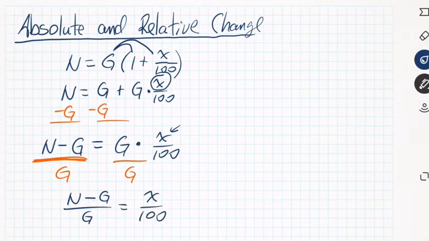Now remember, x over 100 is another language for x being a percent. So my next step is to get x by itself, and I just have to remember that x was a percent to begin with.